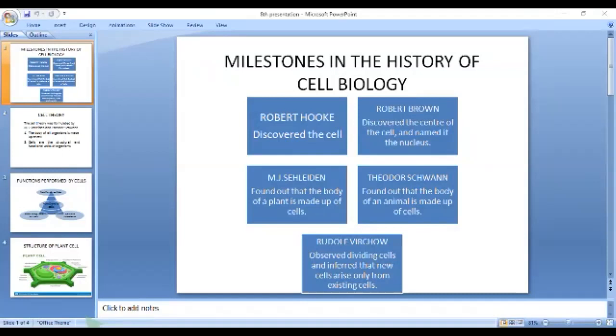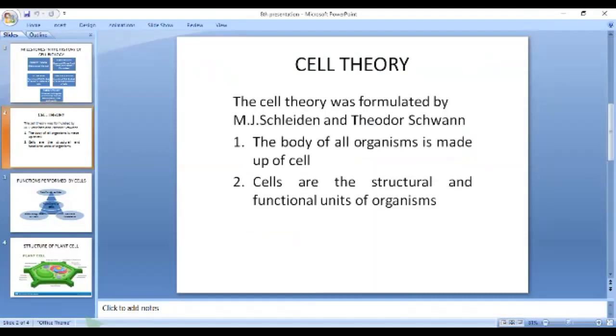And the next scientist is Rudolf Virchow. He observed the dividing cells and inferred that new cells arise only from existing cells. Next, we are going to see about the cell theory.